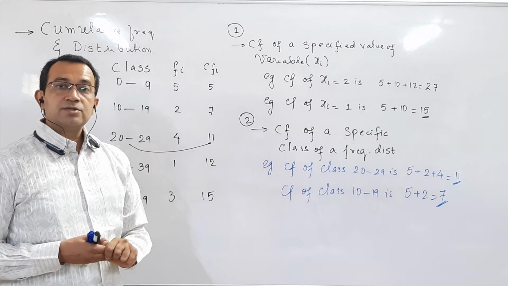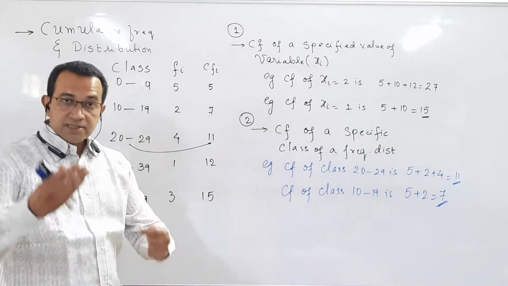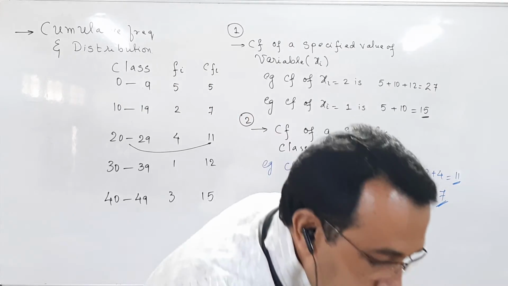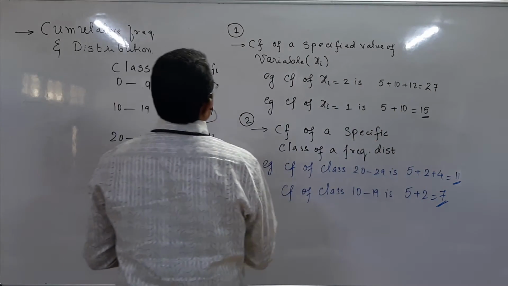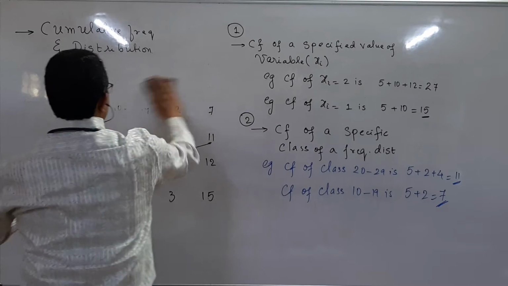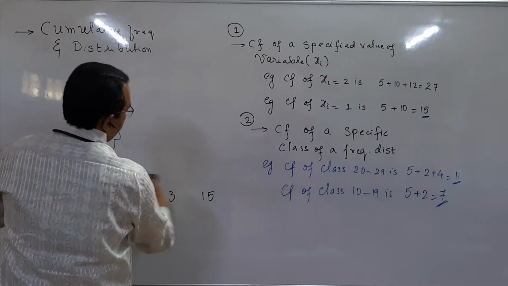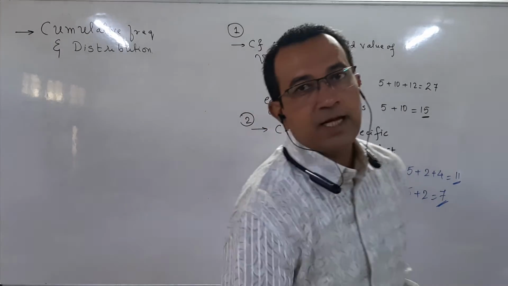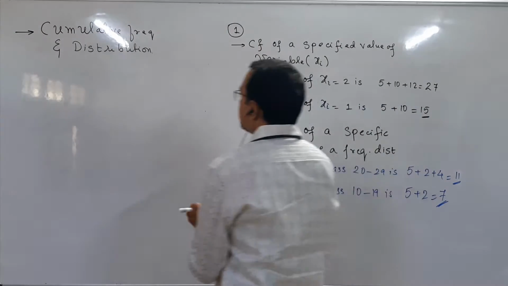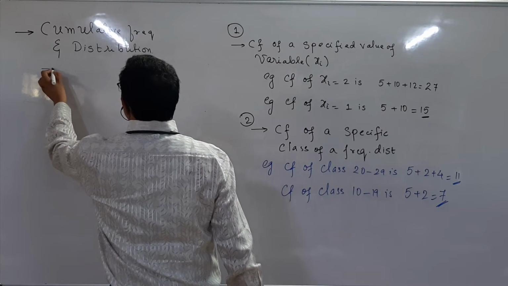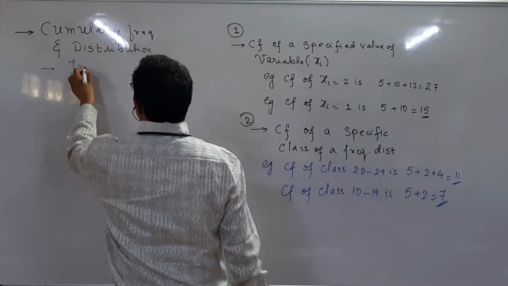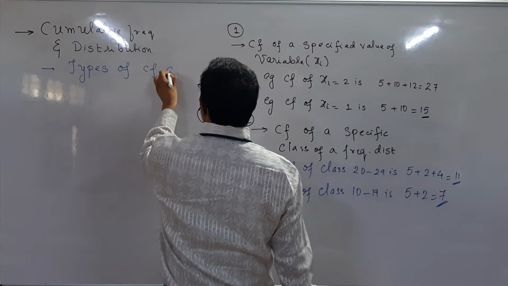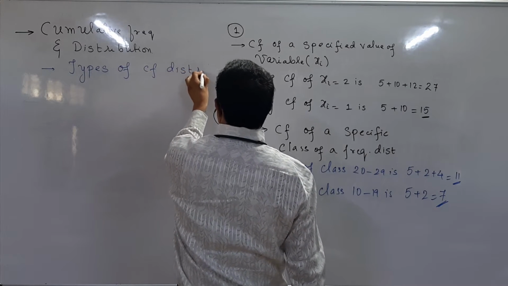Now students, the third concept is that there are two types of cumulative frequency distribution. One is less than type and the other is more than type. Types of cumulative frequency distribution.